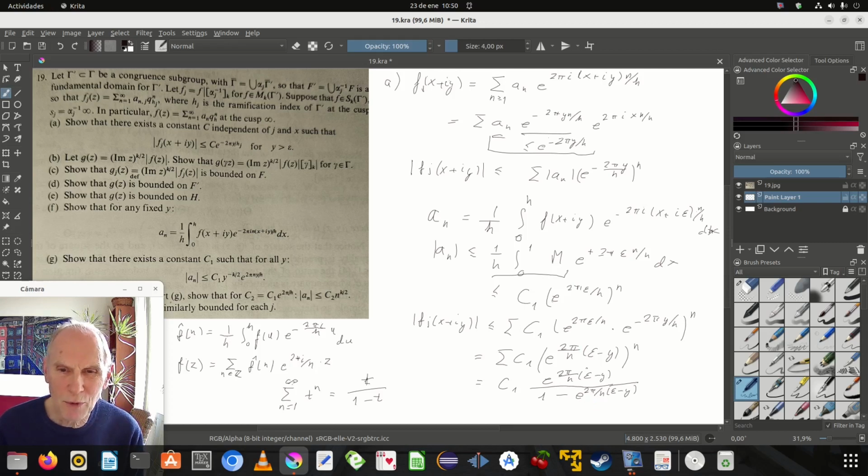There's something wrong. Oh yeah, that's a negative coefficient. So this is smaller than 1, but it should hold for all y larger than epsilon. And we get this in here.